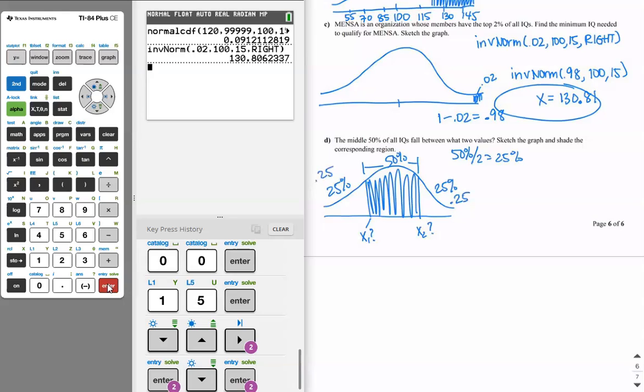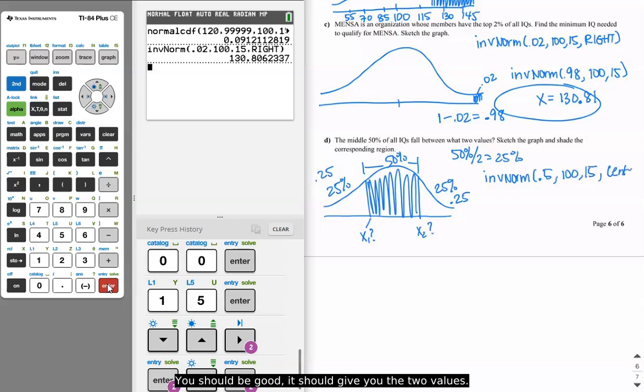Okay, so with this one, I'll do what we would do if you have the newer version. The newer version, inverse norm, you would do 0.5, the mean of 100, the standard deviation of 15, and you would say center, and you should be good. It should give you the two values.